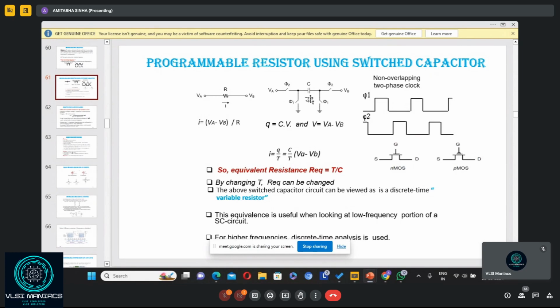So when phi 2 is on, there are two switches phi 2 and two switches phi 1. So when phi 2 is on, what should be the status of phi 1? It should be off. So phi 2, when it will start? From this? Okay. So when both phi 2 are on, then the capacitor will be charged.